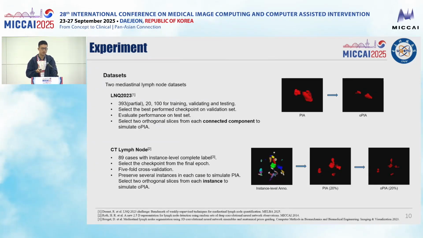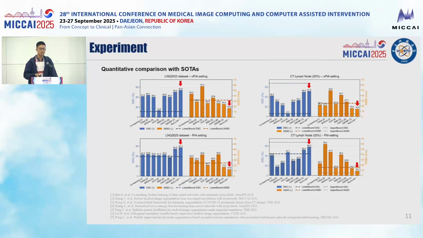And the second dataset is the CT lymph node dataset. It has instance labels, and we preserve several instances in each case to simulate the partial instance annotation and select two slices to simulate the orthogonal partial instance.